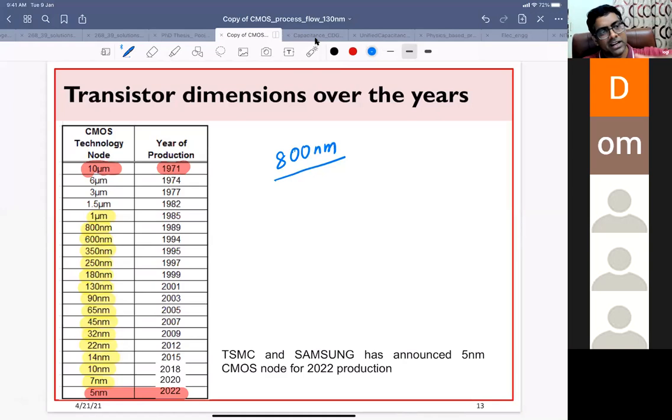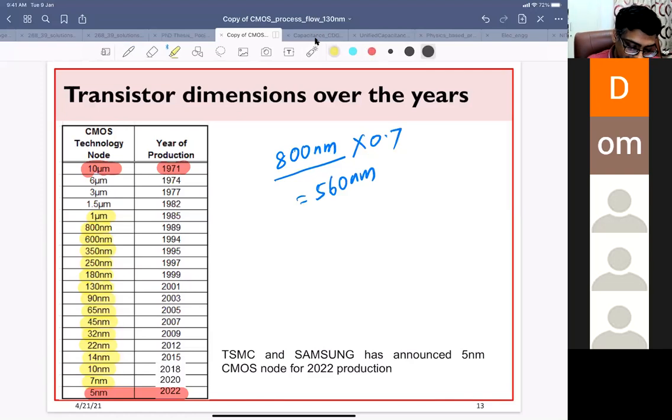If this is 800 nanometer now, the next node will be 800 times 0.7, which is 560 nanometer. But you could name it the 600 nanometer node. So this naming is nothing but 0.7 scaling.